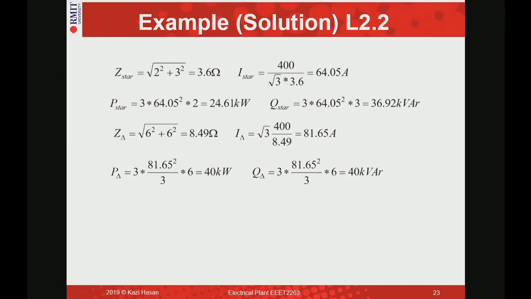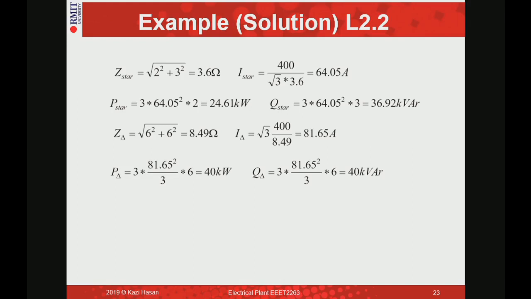Then when you square it, that's why you see a 3 here. Is that okay? 3 I phase squared R, and I phase is I line, 81.65 divided by √3.